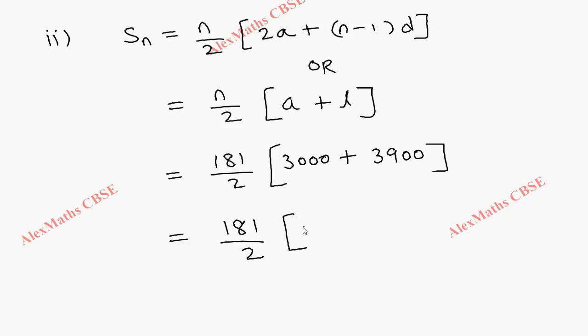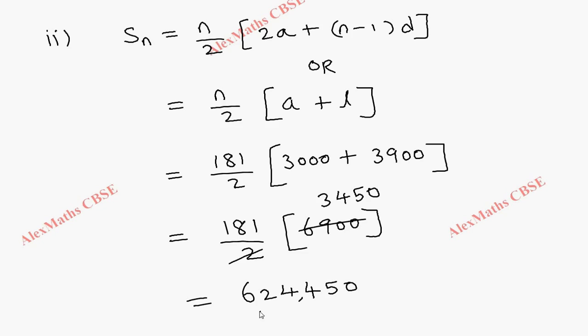Adding this, we get 6900. We can cancel this with 2 times, which is 3450. By multiplying with 181, we get 624,450. So it is 6,24,450 push-ups.